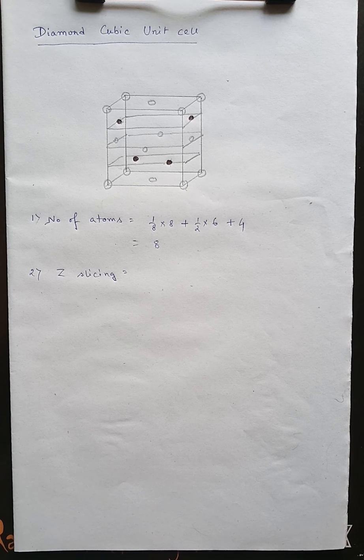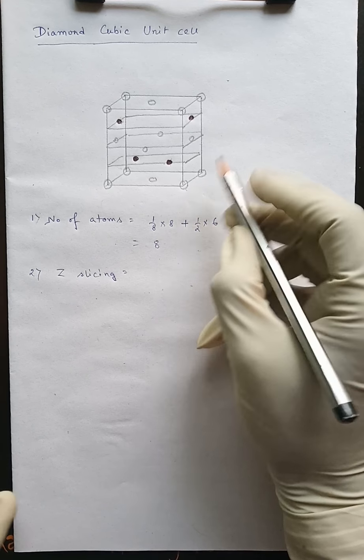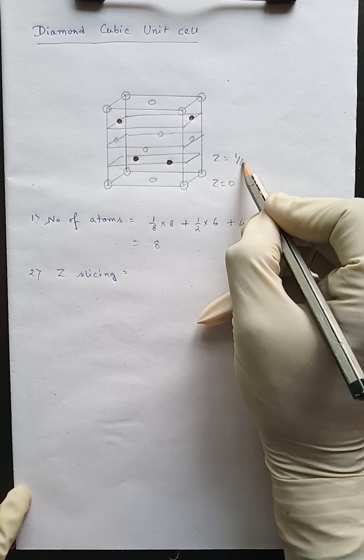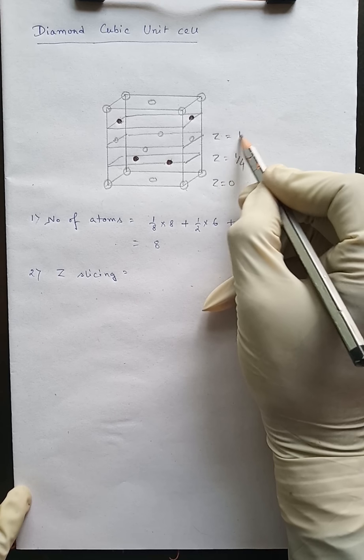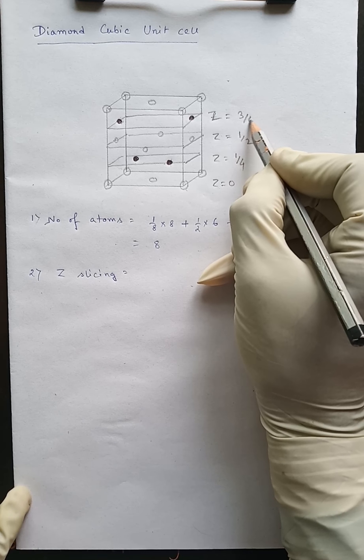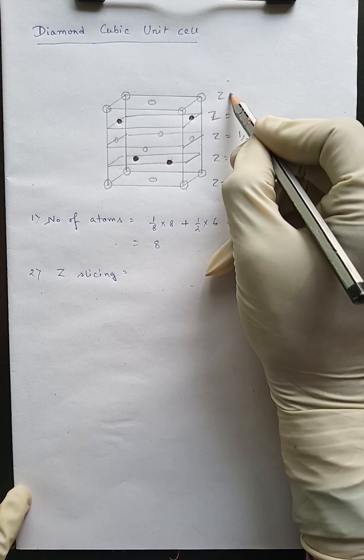Almost like this. So this plane is Z equals to 0. This is Z equals to 1/4. This one Z equals to half. This is Z equals to 3/4. And this plane is Z equals to 1.